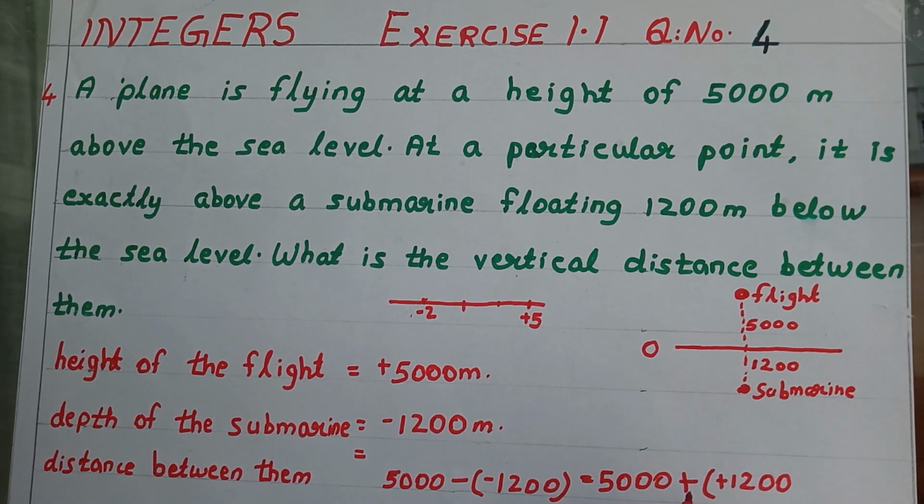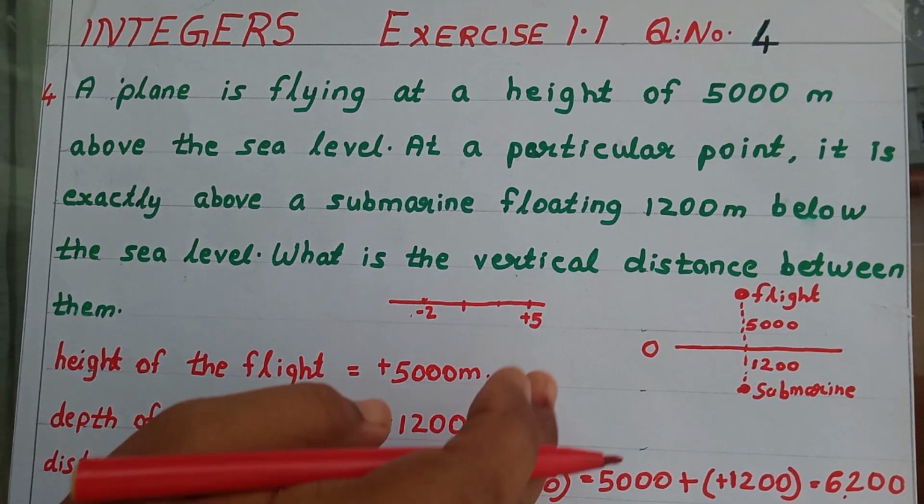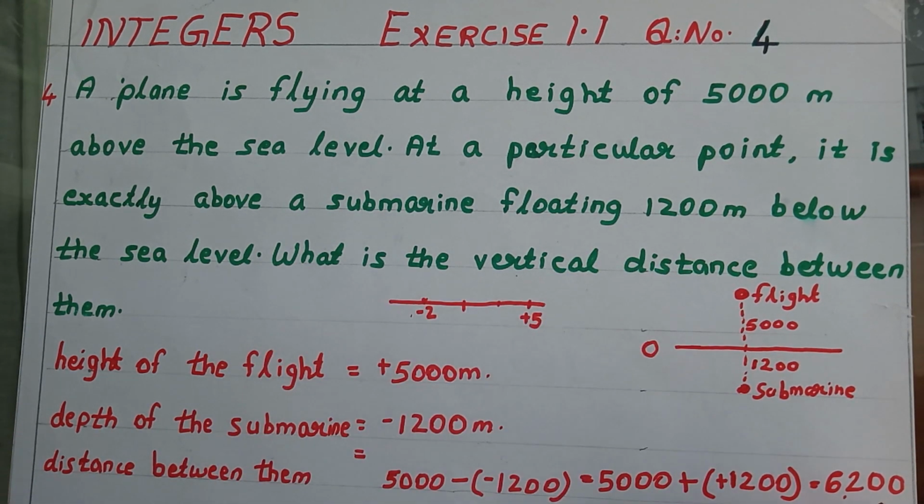So additive inverse of minus 1,200 will be positive 1,200. So the answer will be 6,200 meter is the distance between flight and the submarine.